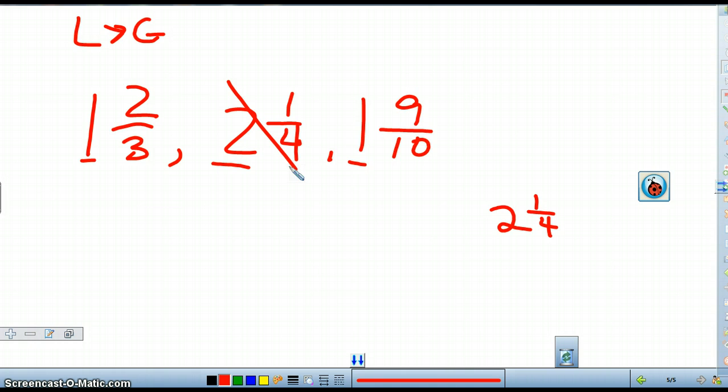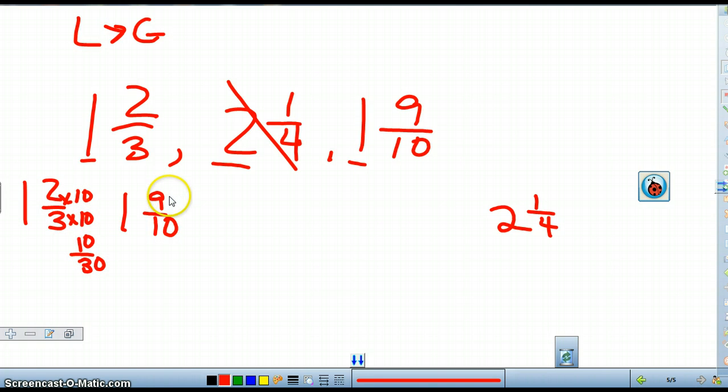So we right now need to determine what place is 1 and 2/3 and what about 1 and 9/10. And so we look at our denominators here, 3 and 10. And so we are going to ask ourselves, well, what's a common denominator? 30. What do I have to do to 2/3 to make it 30? I'm going to multiply it times 10. So then I'll have 10/30.